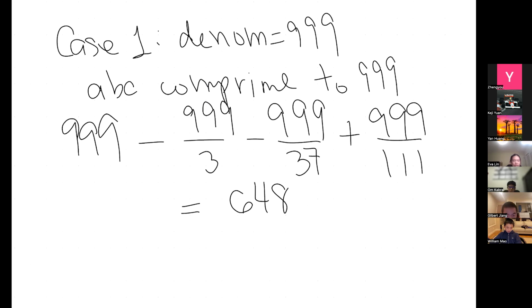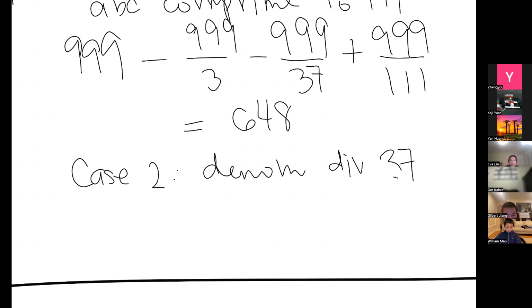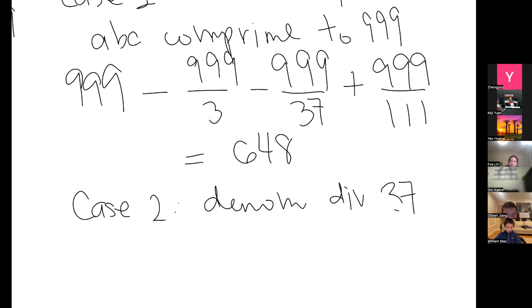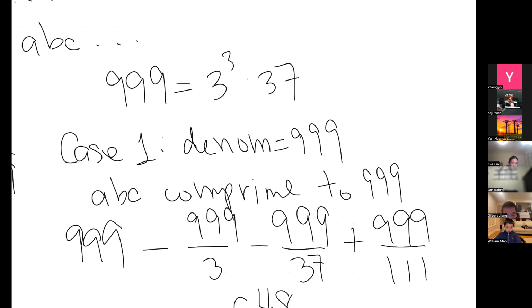And then your second case that you can consider is that the denominator is divisible by 37. And we want to consider this case as well as one of the other ones, because here we see that the factorization of this has factors of 3 and 37.